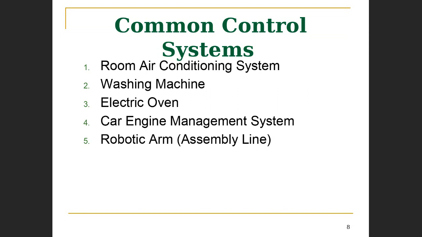So these are examples of some control systems that you would see around you, right? I believe the first four would have been known to each person in this group this evening.